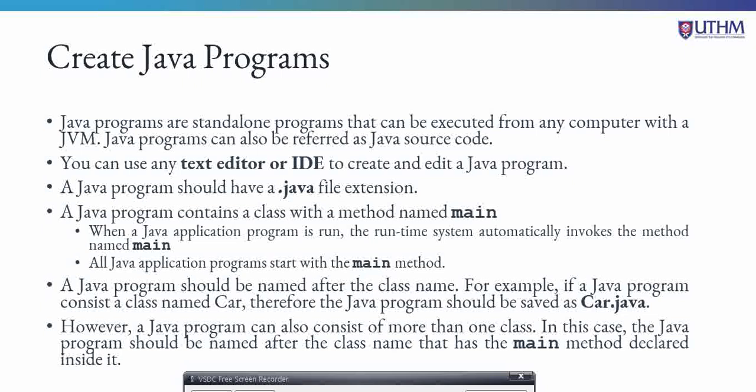A Java program should be named after the class name. For example, if a Java program consists of a class named car, let's say we have a source code and inside it we have class car.